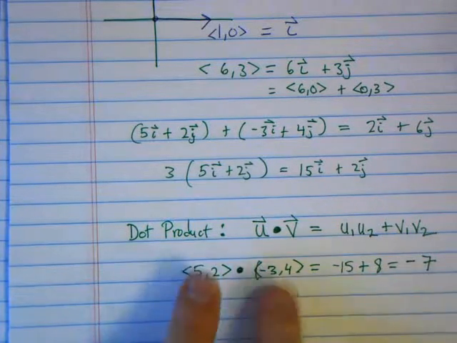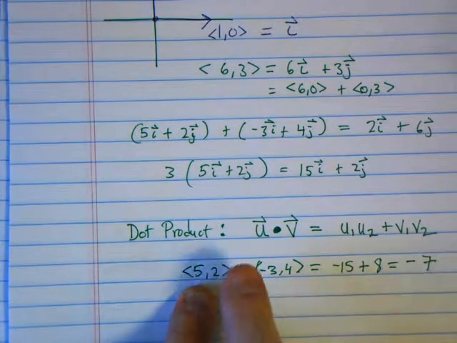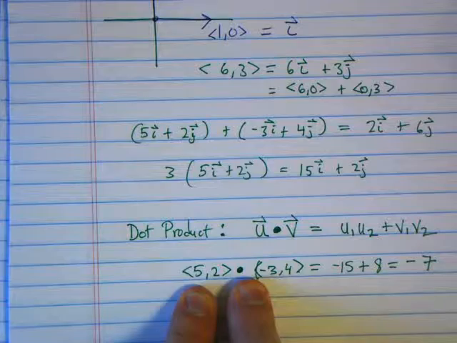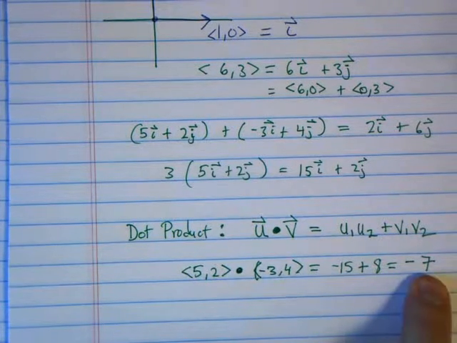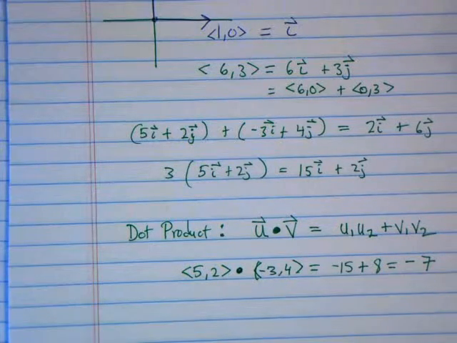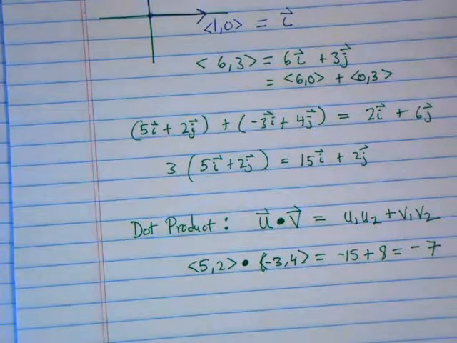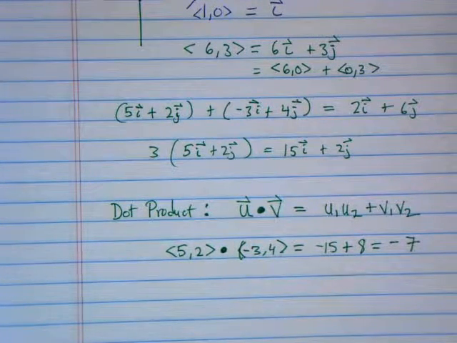So I started with two vectors. I did what's known as the dot product. I did a form of multiplication, and what did I get for an answer? That's a scalar. That's just a number. So that's kind of a strange thing. When you multiply two vectors, you don't get a vector. When you multiply two vectors, you get a number. You get a scalar.